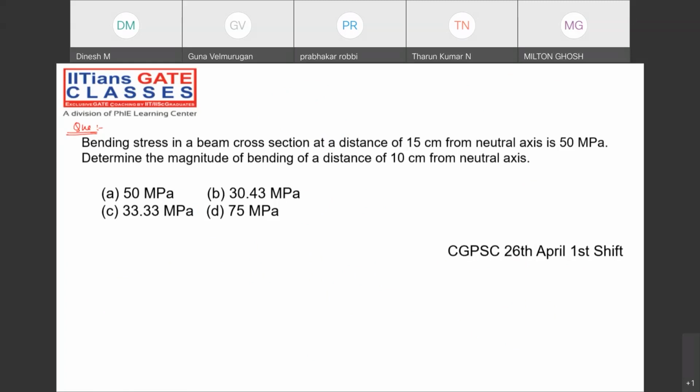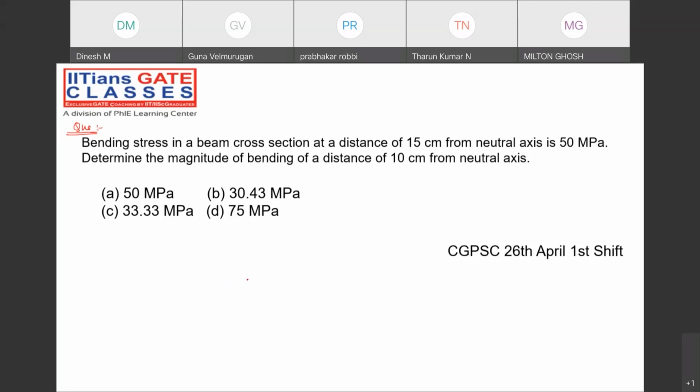So it's one of the simple problems. The bending stress in the beam cross section at a distance 15 centimeter from the neutral axis is given. Determine the magnitude of the bending stress at a distance of 10 centimeter from the neutral axis.